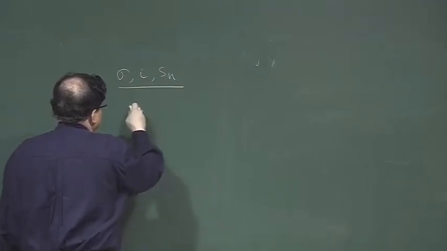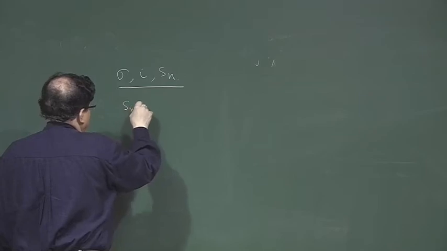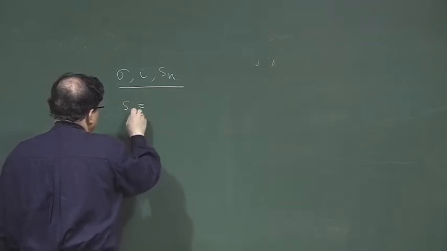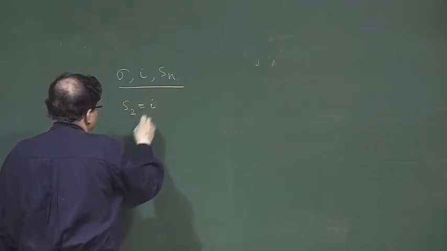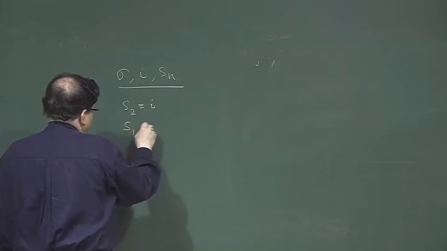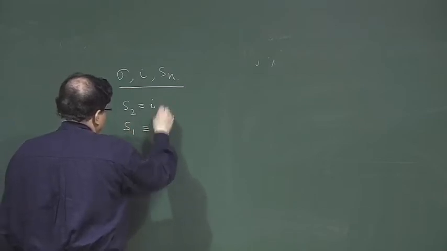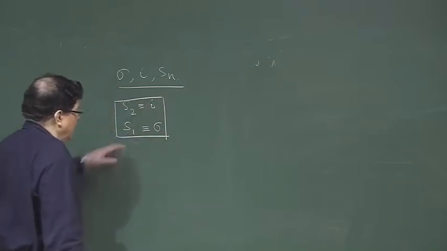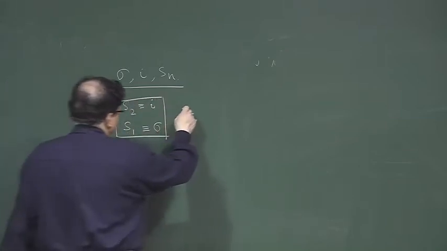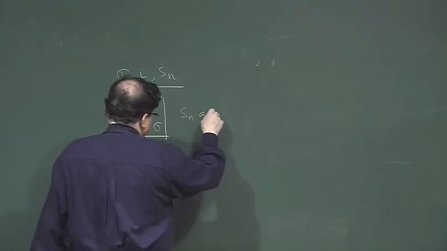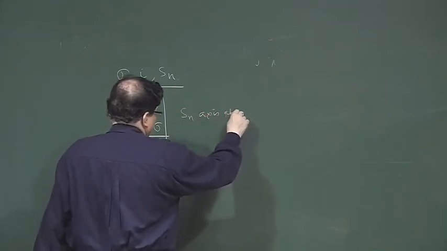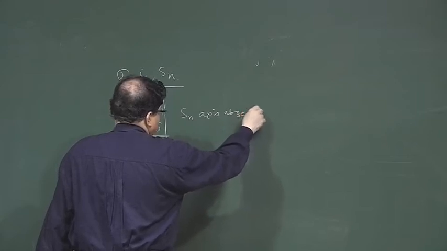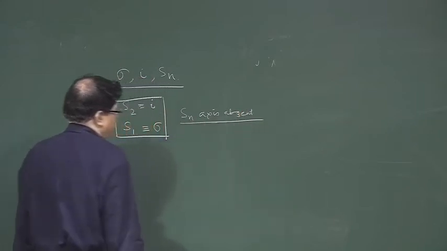Later on I said that Sn is equivalent to S2 is equivalent to I, and S1 is equivalent to sigma. So, you also know that. So, it is sufficient to say that Sn axis absent is the minimum condition for chirality. Okay.